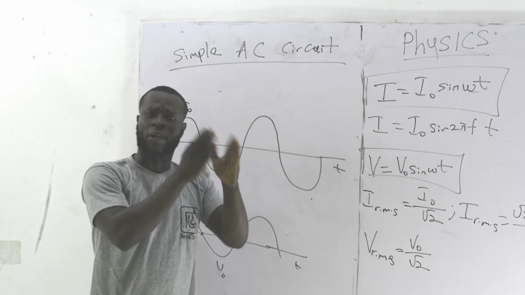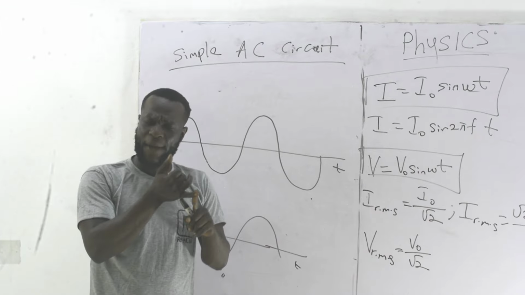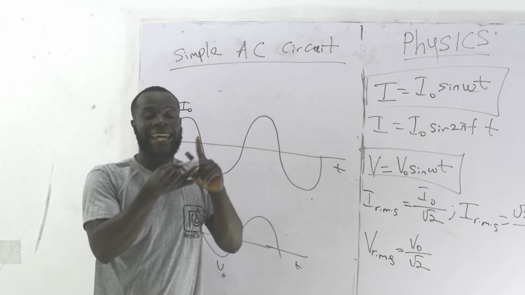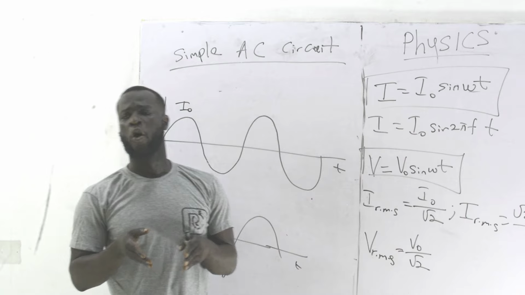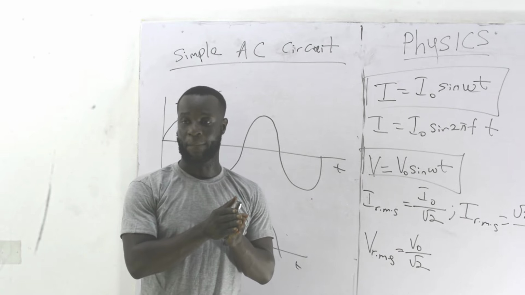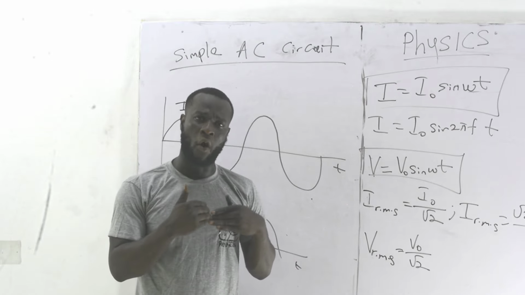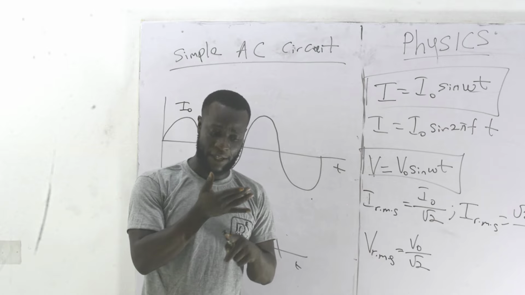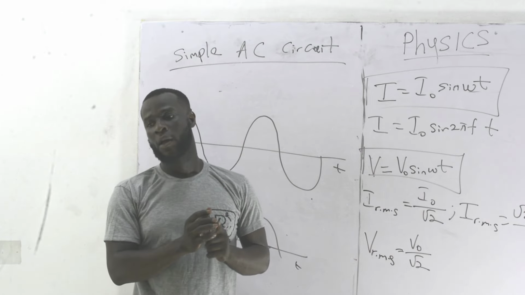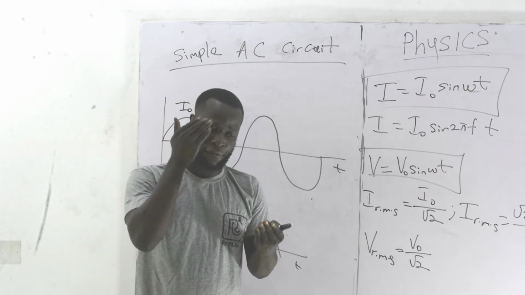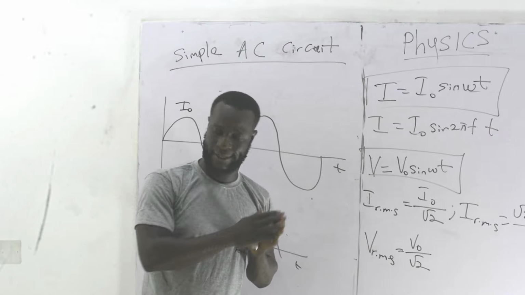So, when it comes to alternating currents, it's not only resistors that can oppose the flow of current. Capacitors can also oppose the flow of current. Inductors can also oppose the flow of current. But we do not want to call the opposition to the flow of current by a capacitor and an inductor resistance again. So we decide to call it reactance.